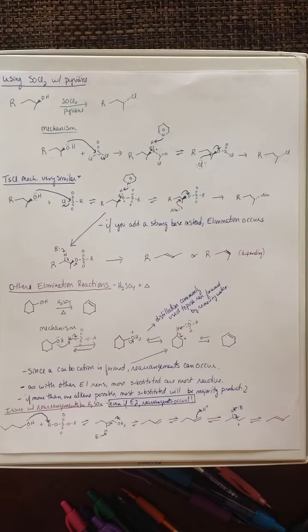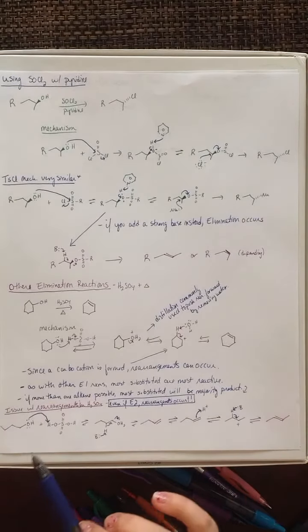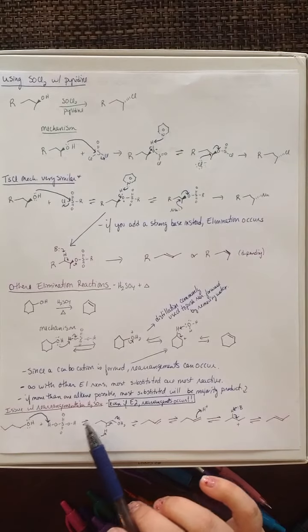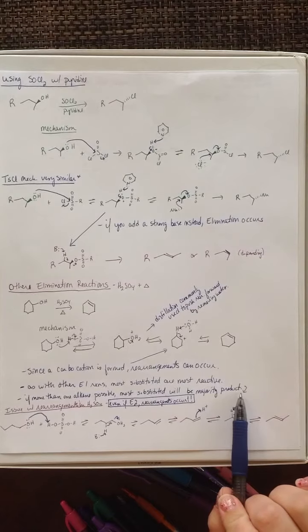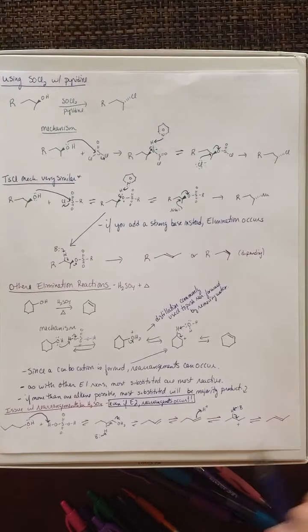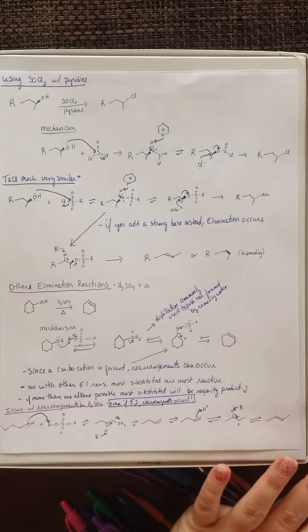And that's part of the problem with it, is if you really want one thing to happen and it's not that you wanted to get the most substituted elimination product, then this really isn't the route to go. So if you have more than one alkene that's possible, the most substituted is going to end up being your majority product. And let's say it wasn't even the thing that you got as your E1 product.